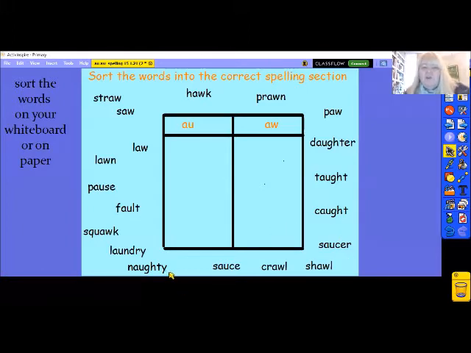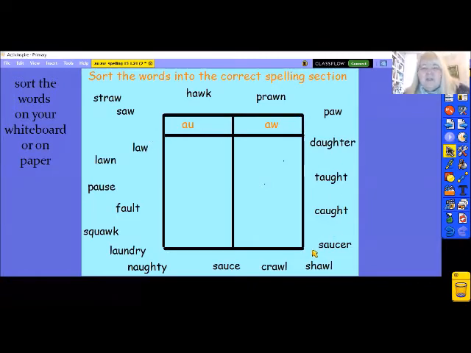Then we've got naughty, the word laundry, false, squawk, lawn, law. There are laws in the country that help us live our life. For example, it's not right to go up a no entry. That's against the law.